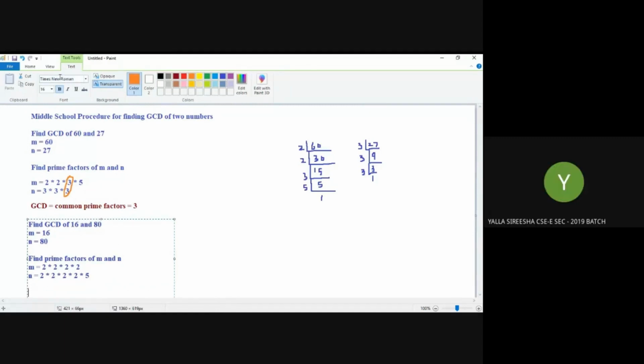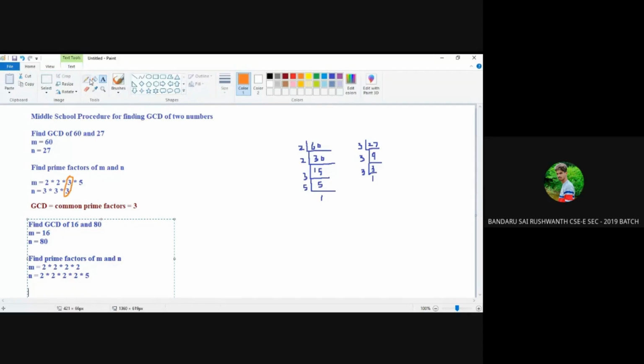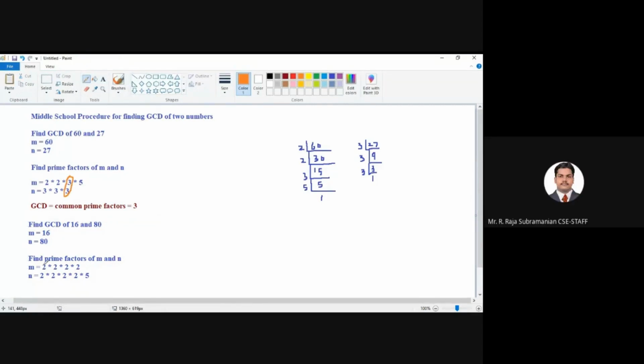2 into 2 into 2 into 2. I'll take this. This is going to be the first common factor. This is going to be the second one. This is the third one. Since I take common factors, you don't multiply 2 many times; take this 2 commonly one time, this one time, this one time, and this one time.